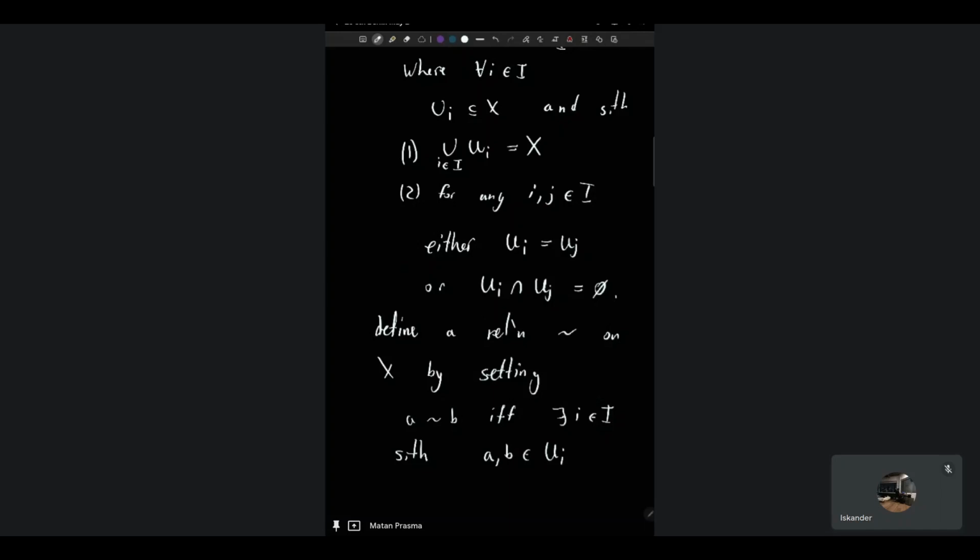And this is easily seen to be an equivalence relation. Tilde is an equivalence relation.